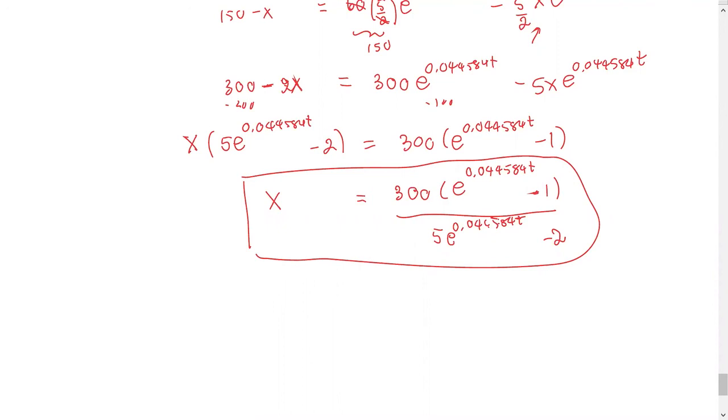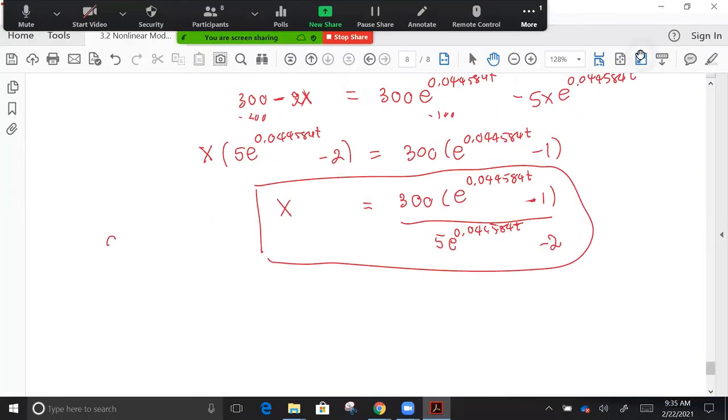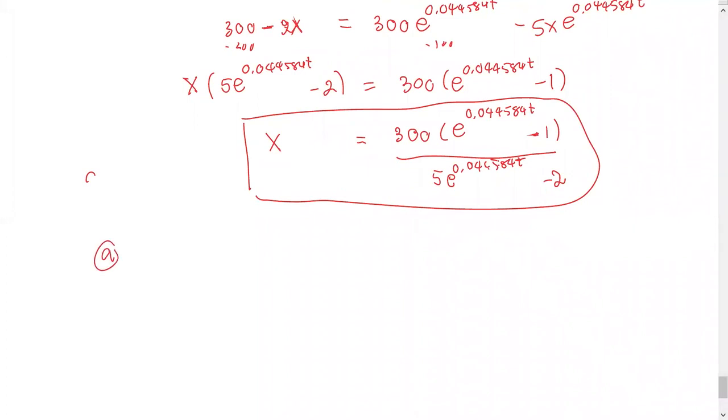A lot of work, huh? All right, that's only half of part A. And then part A asks how much the chemical C is formed in 16 minutes. So to complete part A, x at 16 equals, plug it in, wherever the t is, replace t with 16.